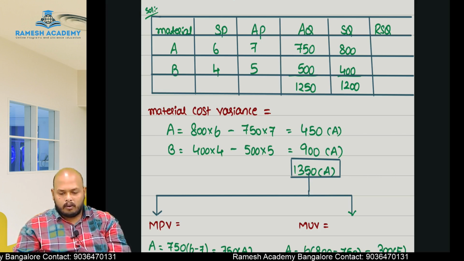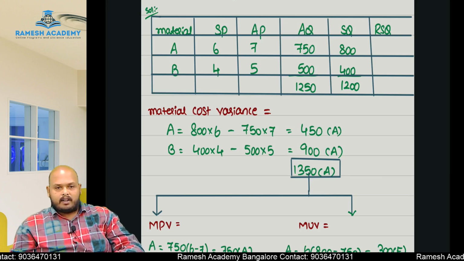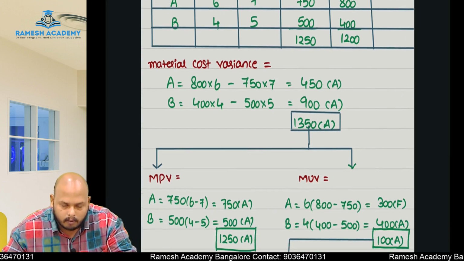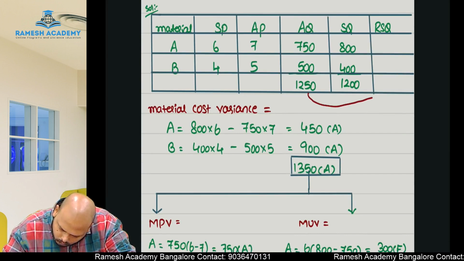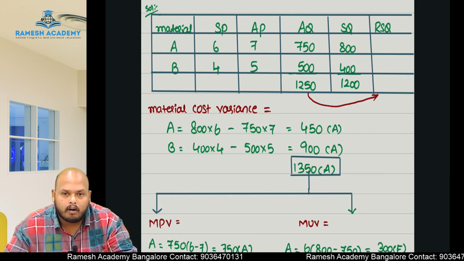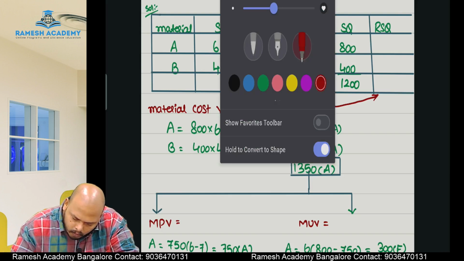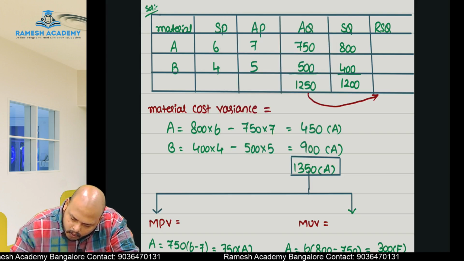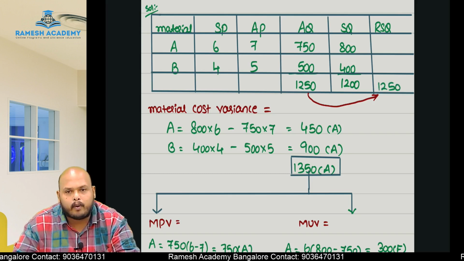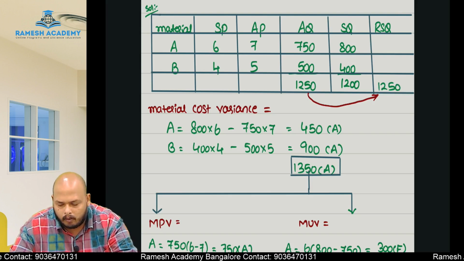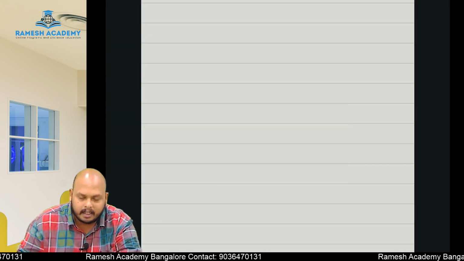Always the actual quantity will become the revised standard quantity. So what is the revised standard quantity here? 1250. Now let us calculate the revised standard quantity.